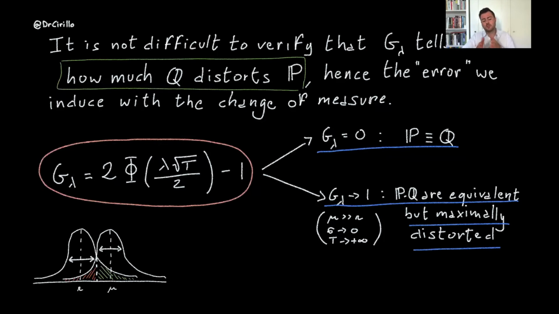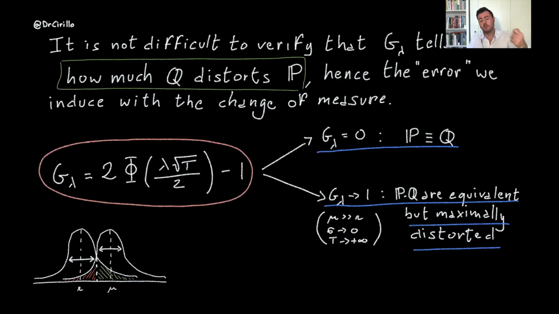The first is that there is a very big difference between mu and R. So if mu is very, very much larger than R, we are tending to this situation.